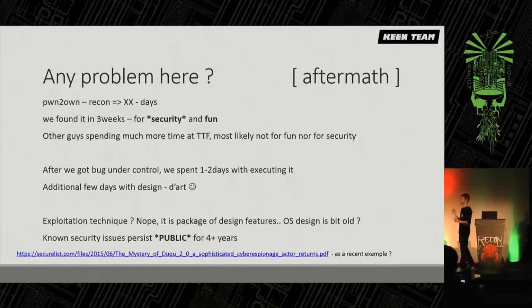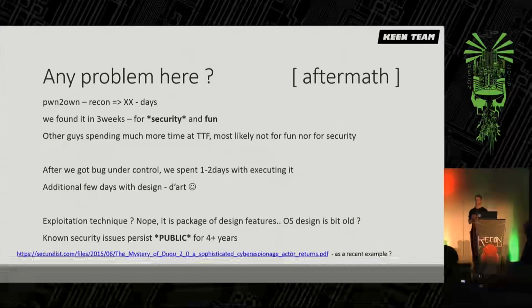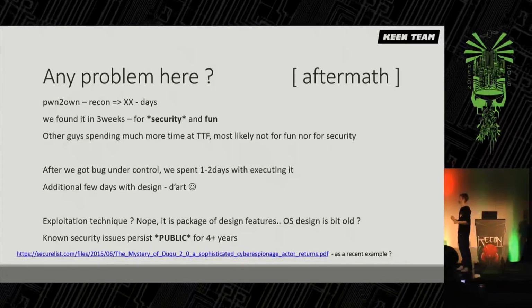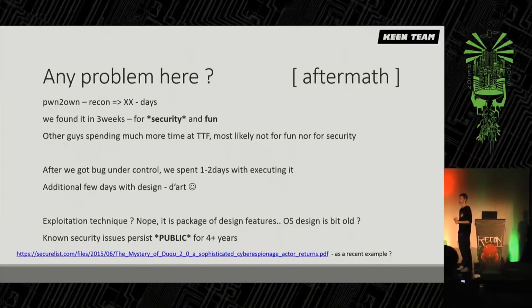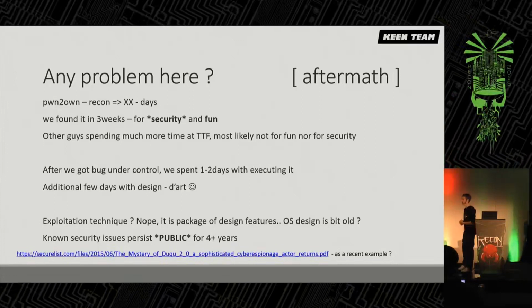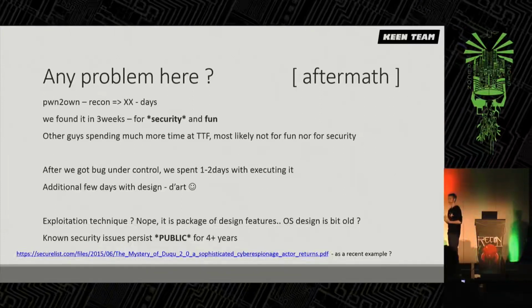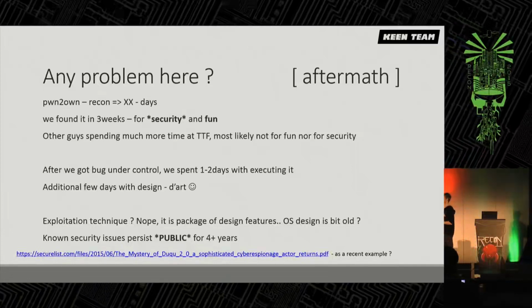But when we look at it in a different scenario, we let the fuzzer run about 3 weeks, and we got 3 bugs. Implementation of this fuzzer took, let's say, less than a month. And we do it for security and for fun. We collaborate on the fixing and we report it.